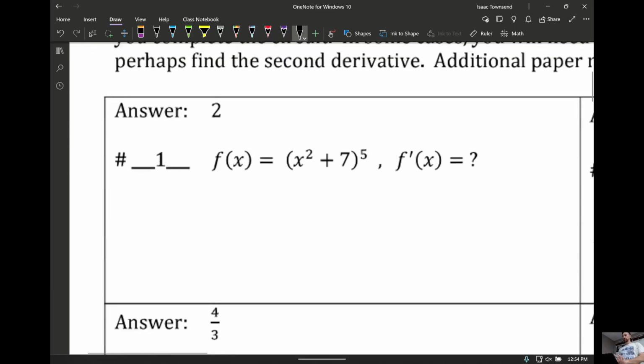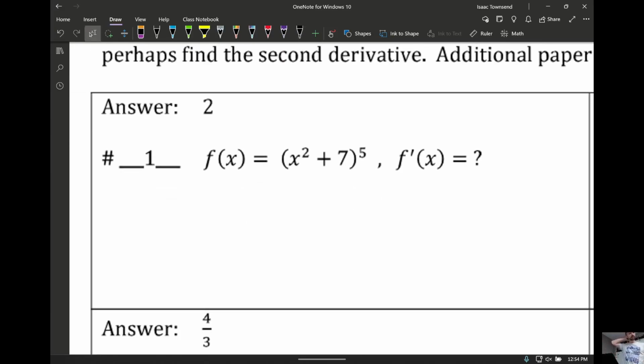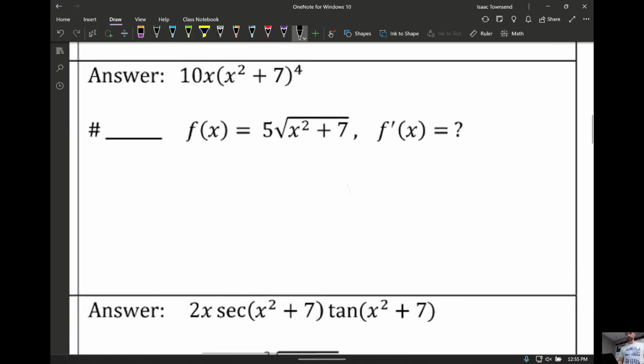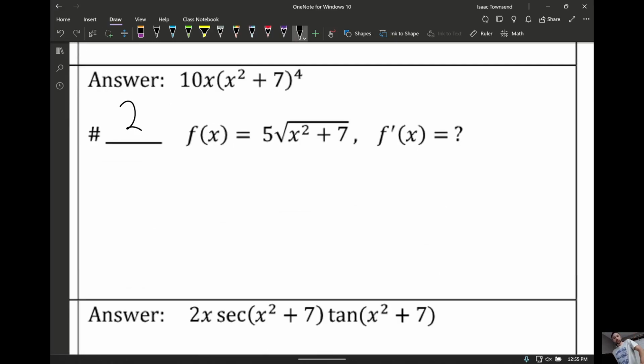Okay, to make sure that we are all at the same base here, is everybody okay with question 1? Do we need to work out question 1? Everybody got 5 times x squared plus 7 to the 4th times 2x on question 1? Okay, then that would be here. For number 2, did everybody end up with 5x over the square root of x squared plus 2?